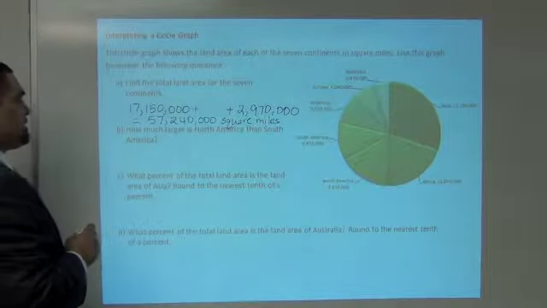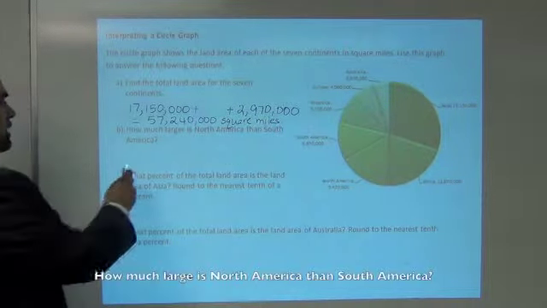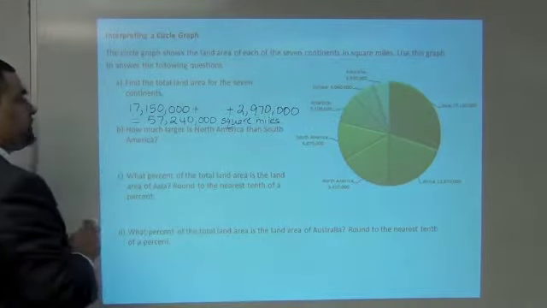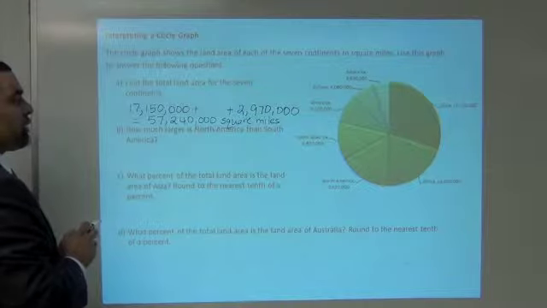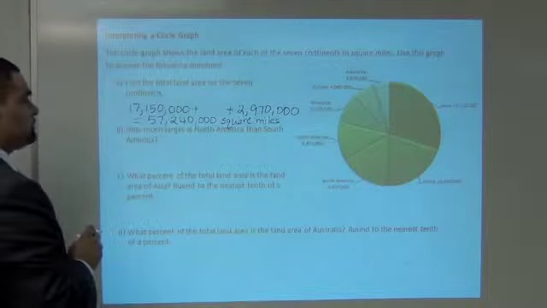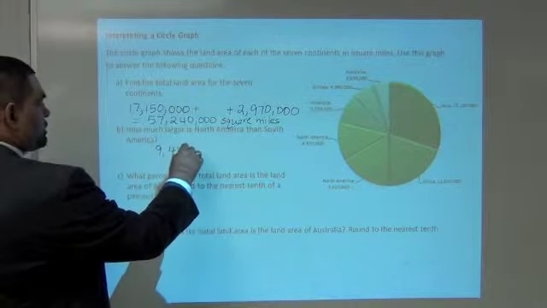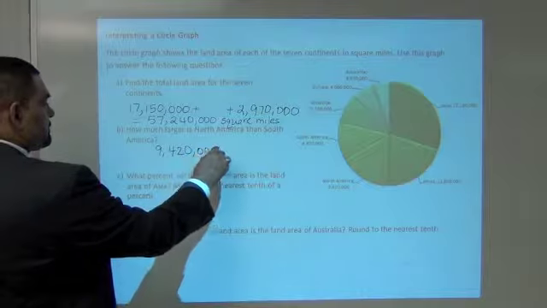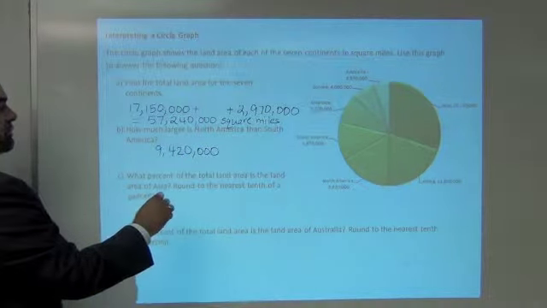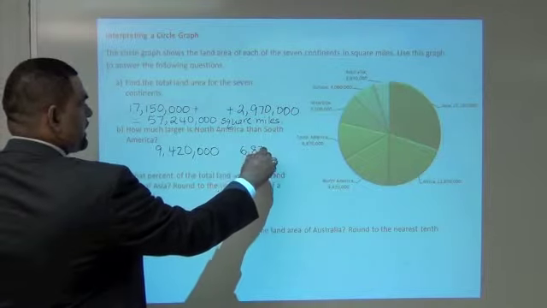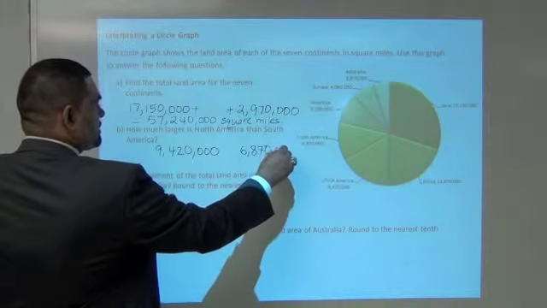Now, let's look at the second question. How much larger is North America than South America? So now we're comparing North America and South America. North America covers 9,420,000 and South America covers 6,870,000.